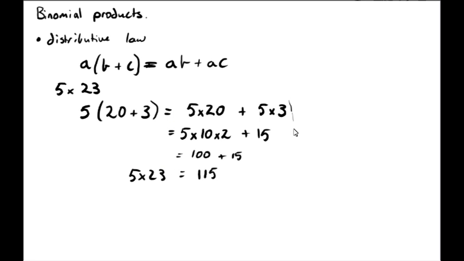So this is just a simple application of how we use the distributive law. Another example, let's say we have 7 times, let's say 52. Okay, we can actually say 7 times 50 plus 2.